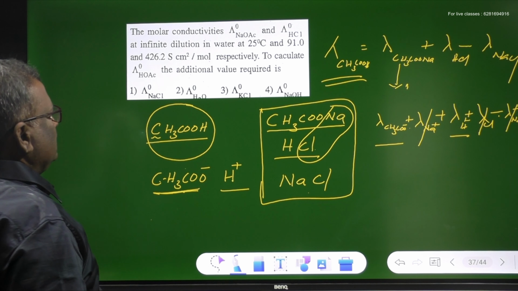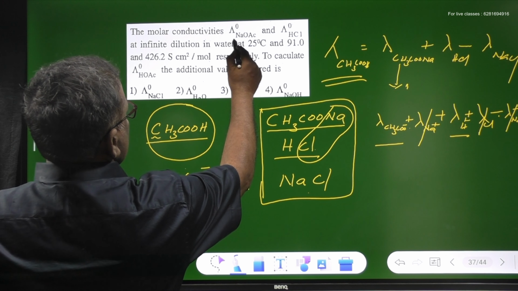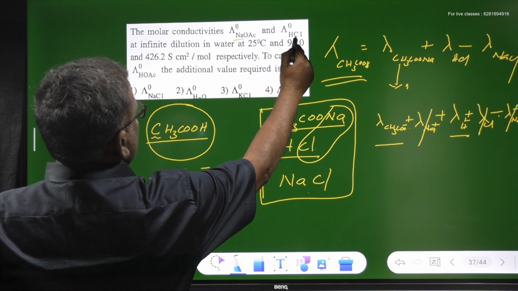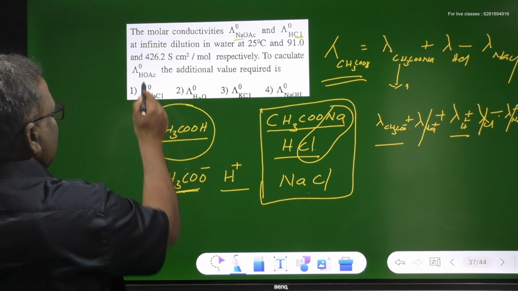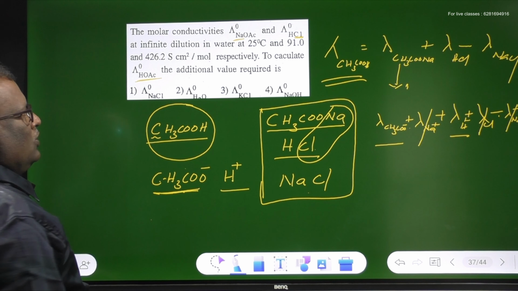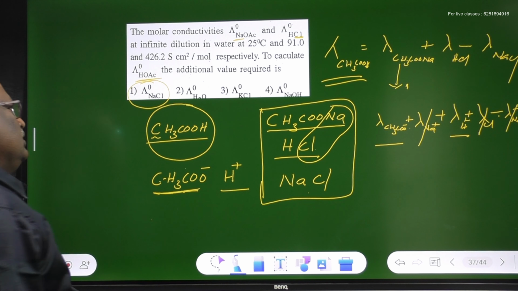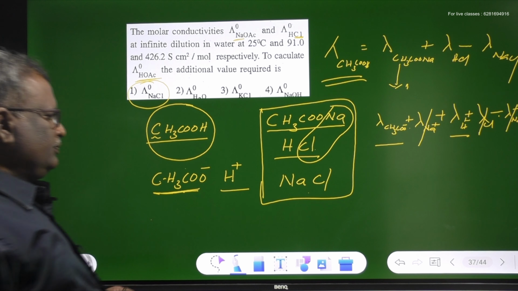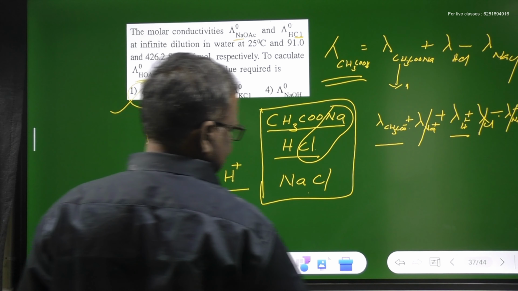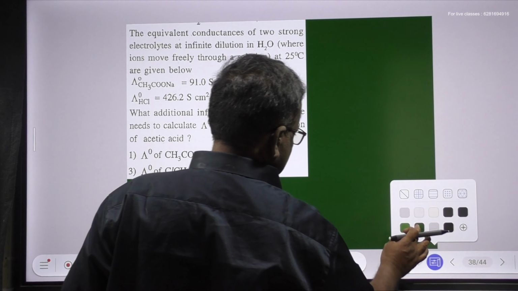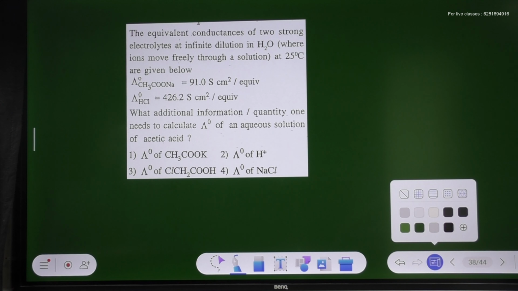So in the present question, we require the cation and anion which are not present in it. So we require this Na and Cl. That is, first option is correct. Next question: the equivalent conductances of two strong electrolytes at infinite dilution in H2O, where ions move freely through a solution at 25 degrees centigrade, are given below.